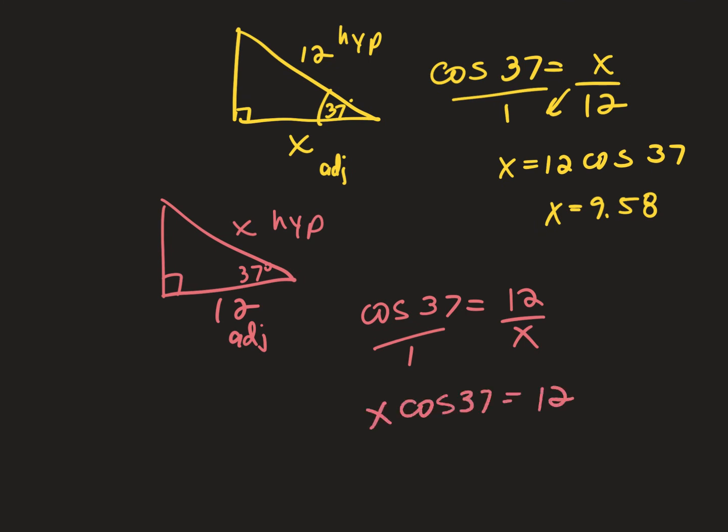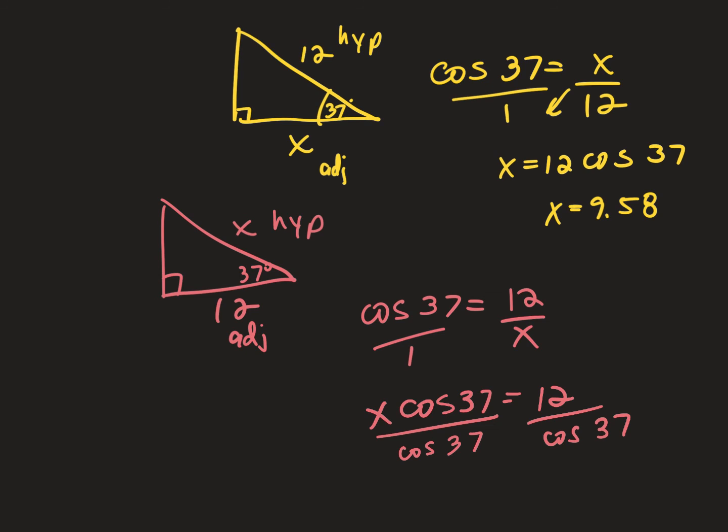When you solve any equation, you want to get x where? By itself. So what's the opposite of x times cosine 37? Divided by. Remember, the cosine of 37 is just a number, just a gross decimal. So that's like saying 3x equals 12. You would divide both sides by 3.